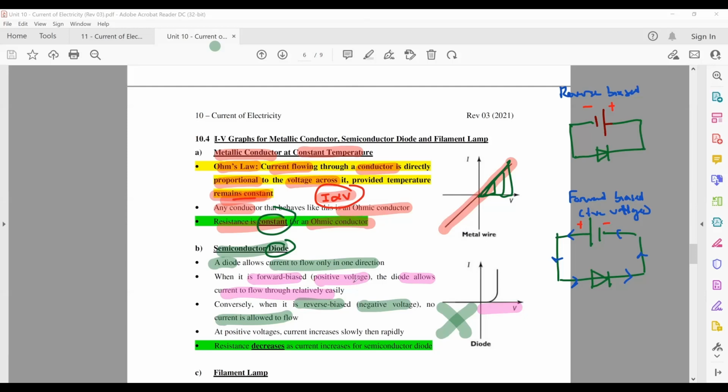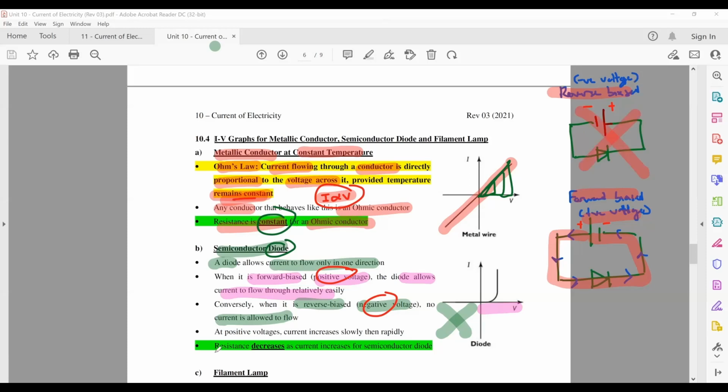That's why we call this positive voltage, negative voltage. When you have negative voltage, you're basically reversing the polarity of your battery. In your case here, this is considered to be positive voltage, forward bias, current can flow. In this case here, reverse bias, negative voltage, no current is flowing.